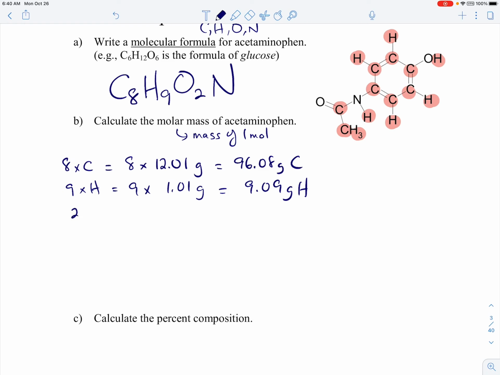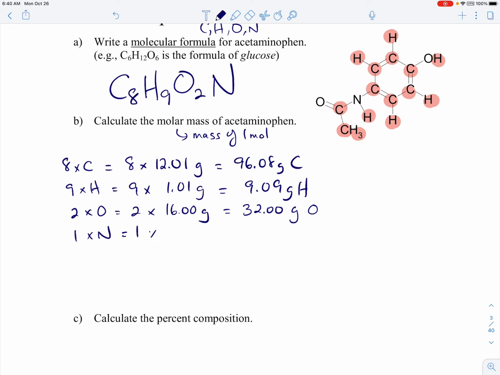In 1 mole of acetaminophen, there are 2 moles of oxygen, O2. So we'll say 2 times oxygen's molar mass on the periodic table, 16.00. So there's 32.00 grams of oxygen in every mole of acetaminophen. And then we have 1 mole of nitrogen in every mole of acetaminophen.